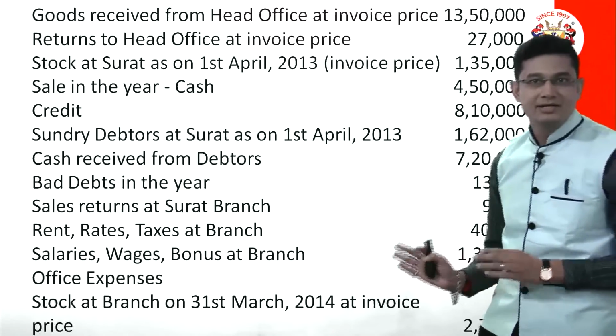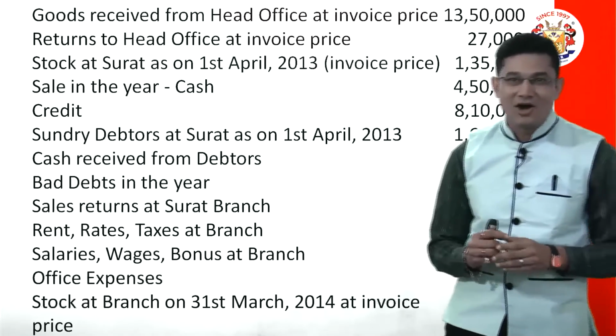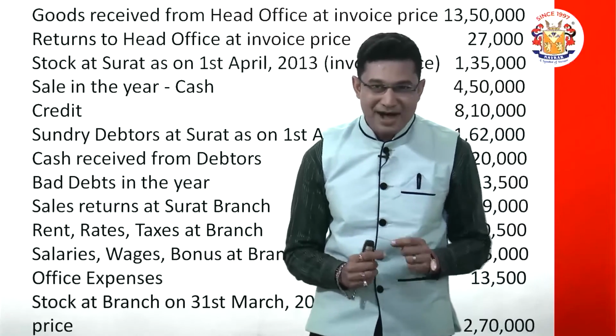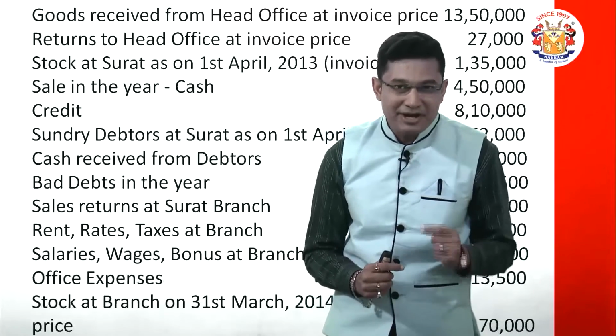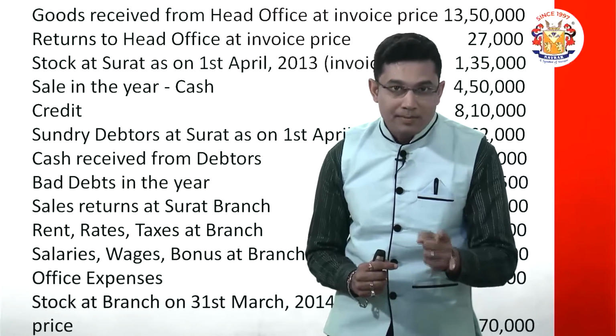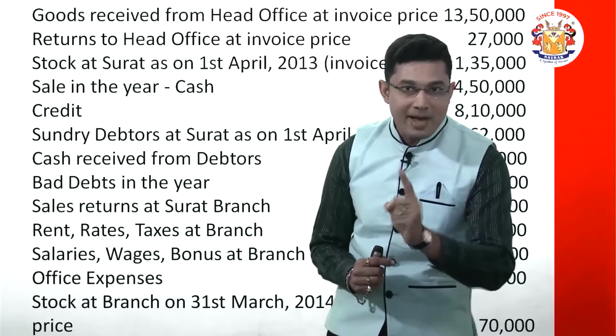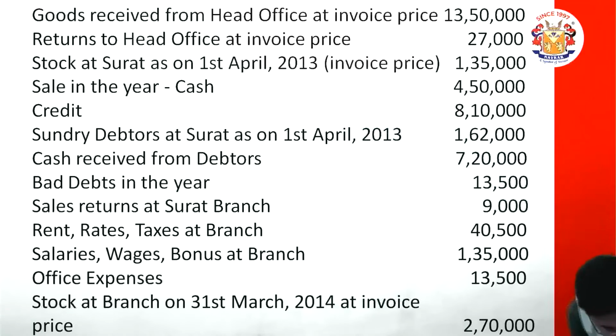All three expenses are paid by HO, but indirectly it is given in the question, mind well. Next one. Stock at branch on 31st March 2014 at invoice price 2,70,000, means at 133.33. Okay.